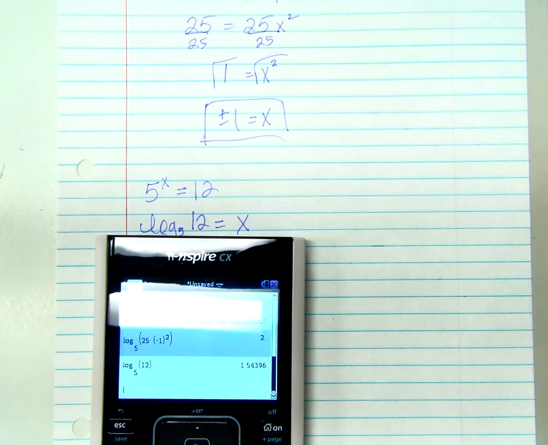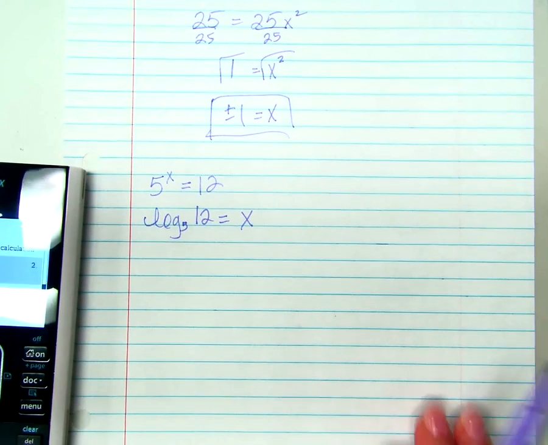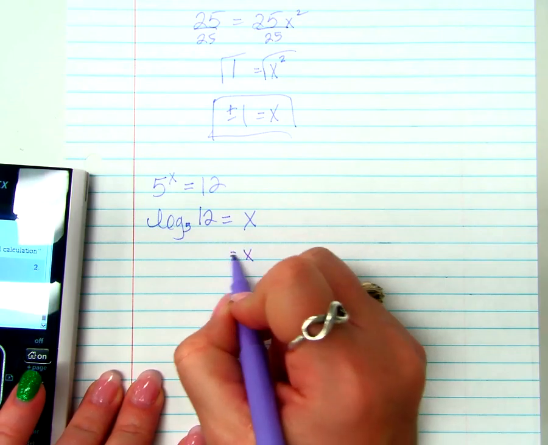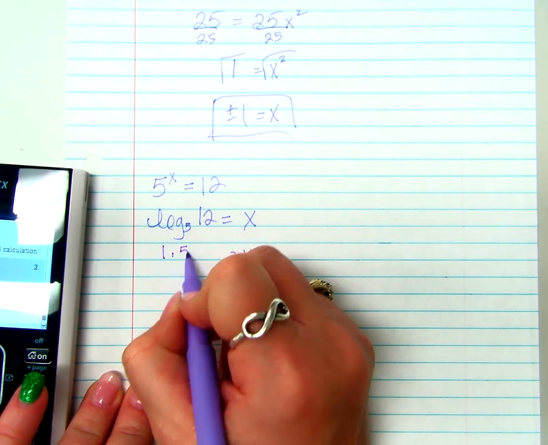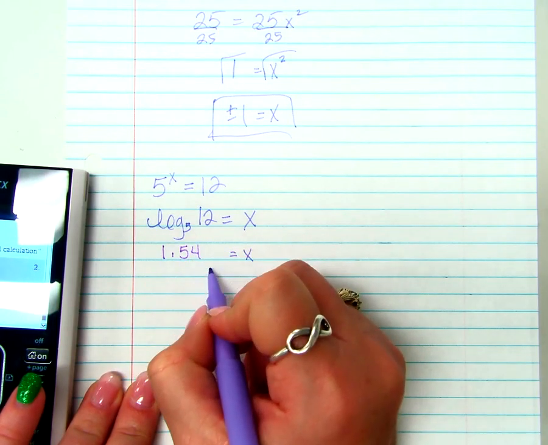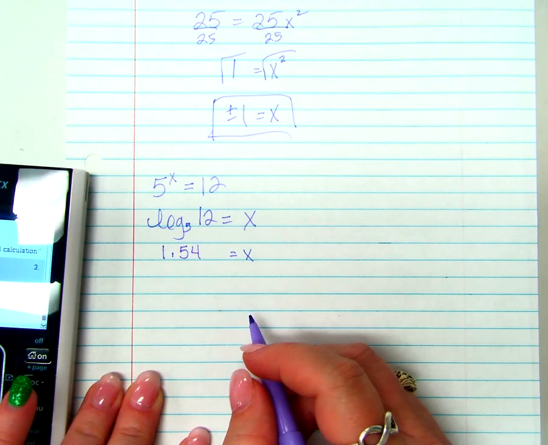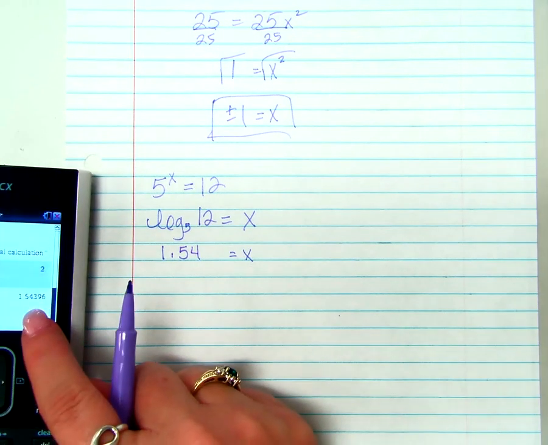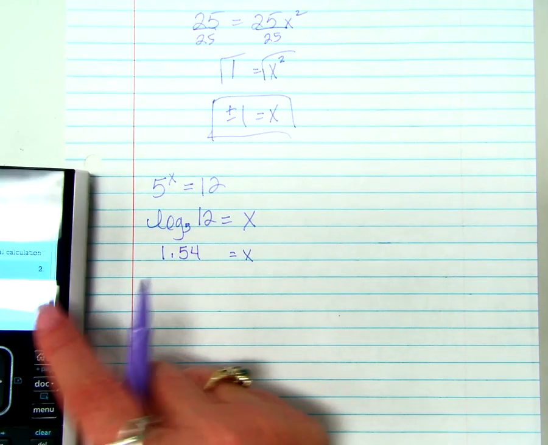Now, so that there's no confusion, and so that we're all doing the same thing, for this week, we are going to round to the 10,000th place. How many place values is that? 10,000ths is 4, right? So I would get 1.54. Uh-oh. What is it? It's 396.